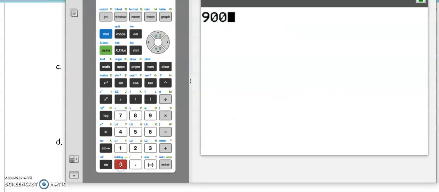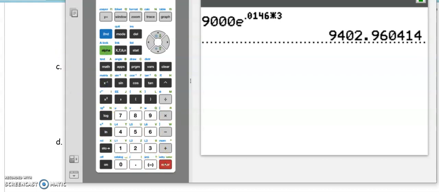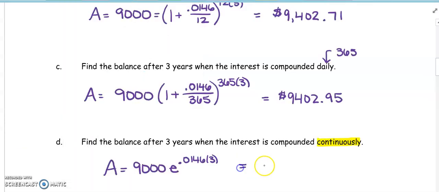That is 9,000 times e to the 0.0146 times 3 power, and we see that it is $9,402.96. So it's only a penny more, but keep in mind, 9,000 wasn't a huge sum to invest in the first place, and the interest rate wasn't all that stellar.